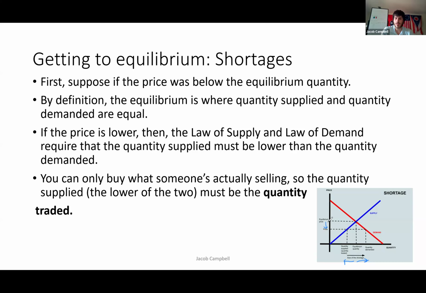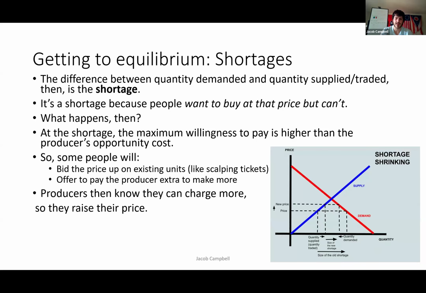Here, the problem is that with a lower price, the consumer wants to purchase more than the producer is willing to sell. And thus, the quantity traded is going to be lower than it would be at the equilibrium. Now, we have a term for this shortfall, this gap between the quantity supplied and quantity demanded, and we call it a shortage.